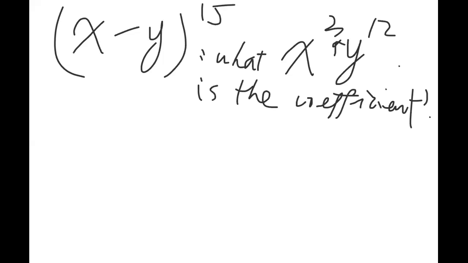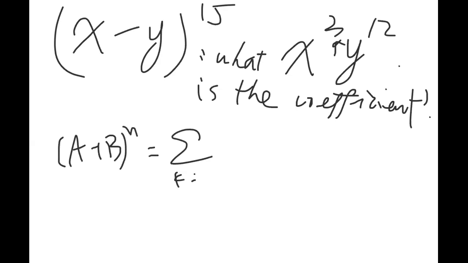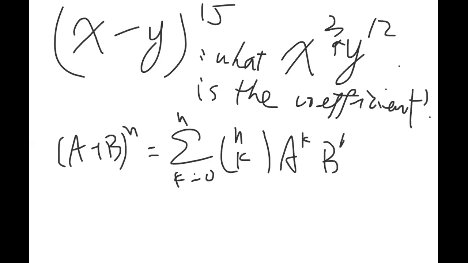So the binomial theorem reads... okay. If you have 3 powers of x, that means the coefficient is n choose 3.